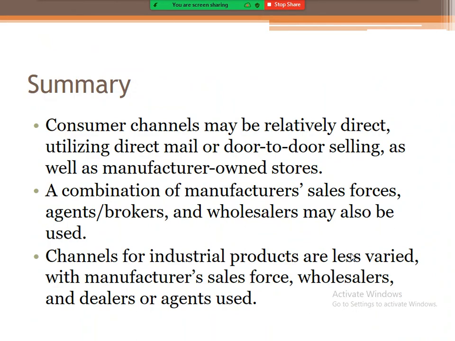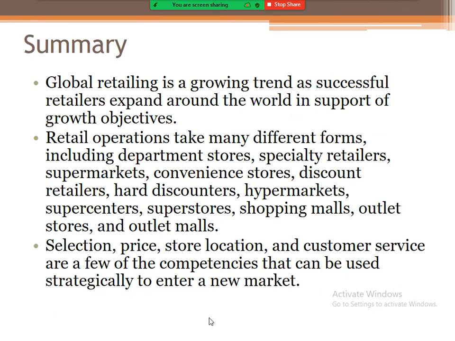Consumer channels may be relatively direct, utilizing direct mail or door to door selling, as well as manufacturer owned stores. A combination of manufacturer sales forces, agents, brokers, and wholesalers may also be used. Channels for industrial products are less varied, with manufacturers' sales force, wholesalers, and dealers or agents used.